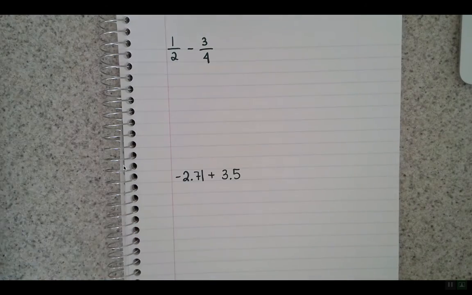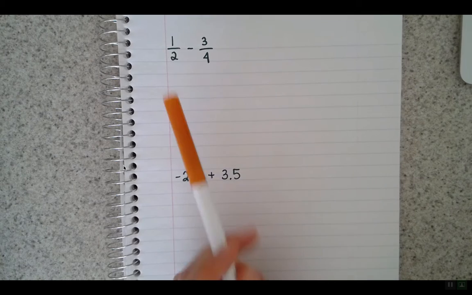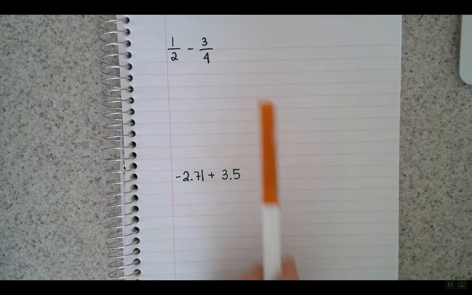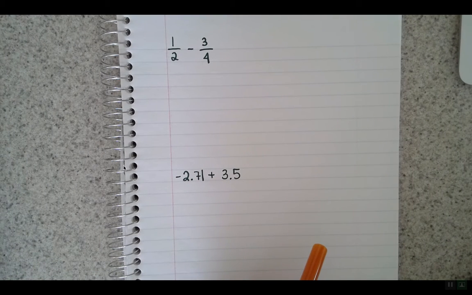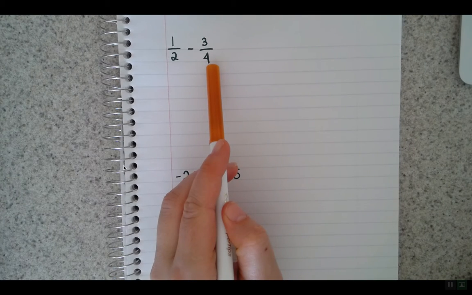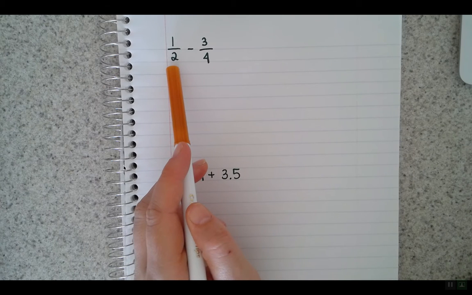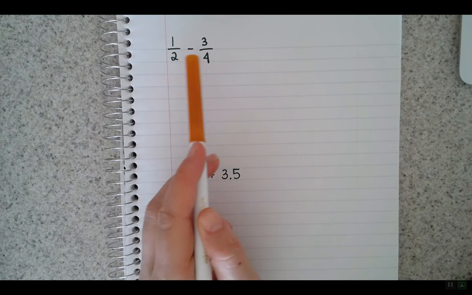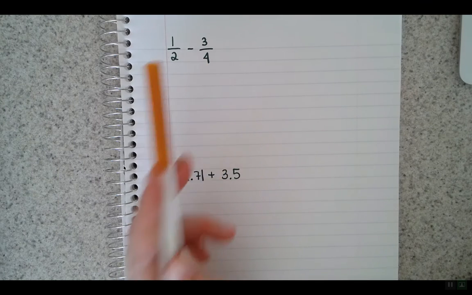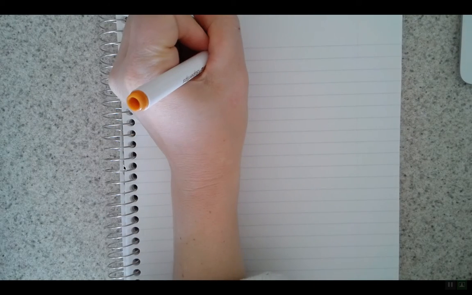Okay? So first of all, is this a same signs problem or an opposite signs problem? The 3/4 has a negative in front of it, but the 1/2 does not. So that must mean a half is a positive number and 3/4 is a negative number. This is an opposite signs problem.